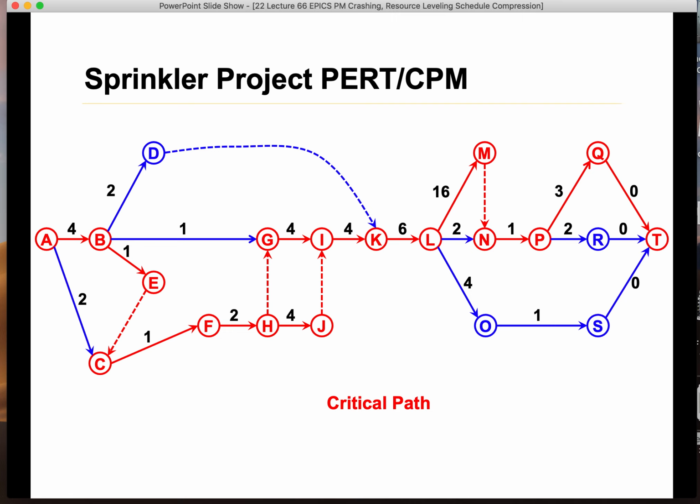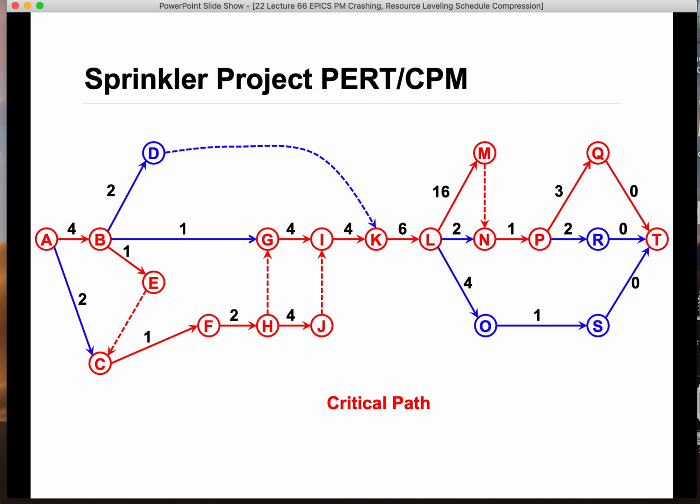So let's say this is our project, okay? It starts from activity A and goes all the way to activity T, and you have the durations associated with the activities. Here you have the red arrows and nodes as the critical path, okay? And by now you should know why the critical path is called the critical path.